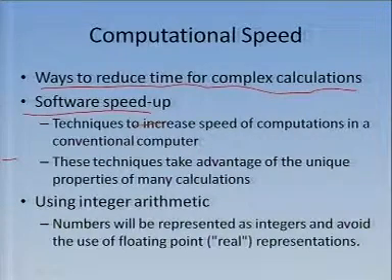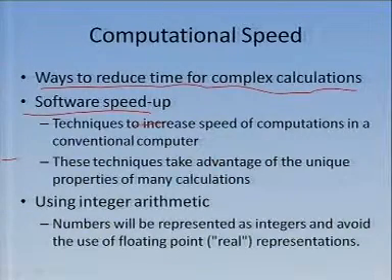Now, the techniques to increase the speed of computations in a conventional computer take advantage of unique properties of many calculations. Just like one example I might have told you when I was with you there.